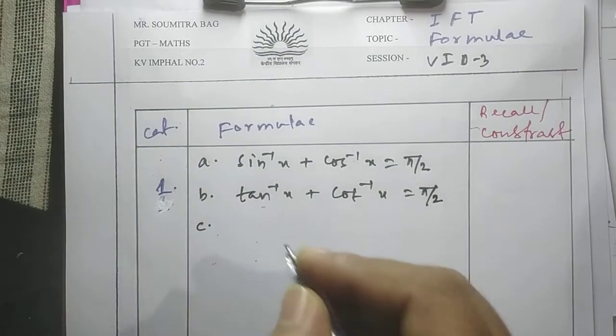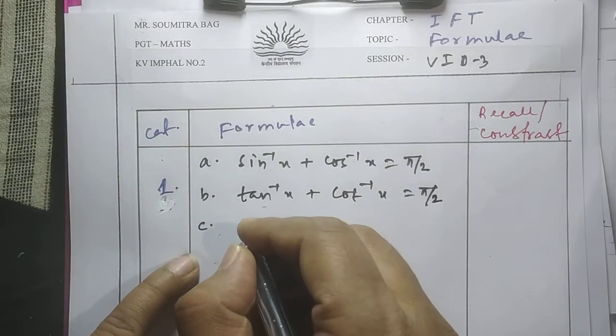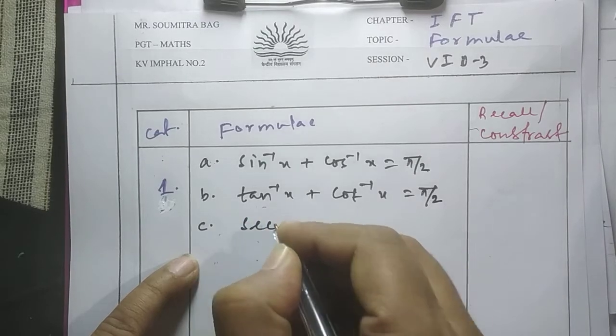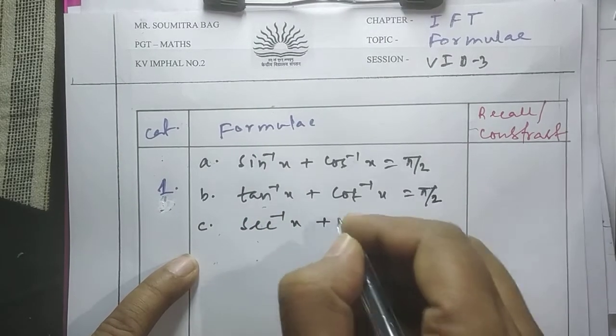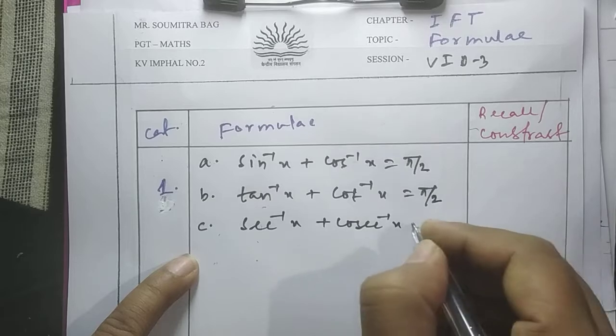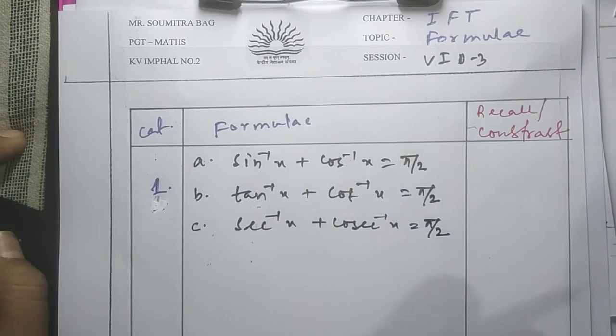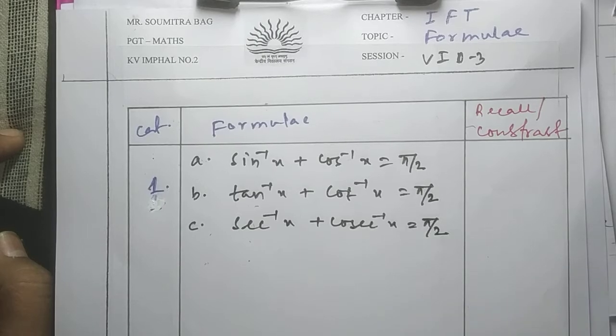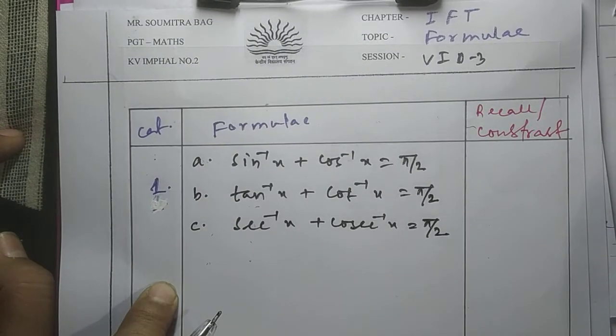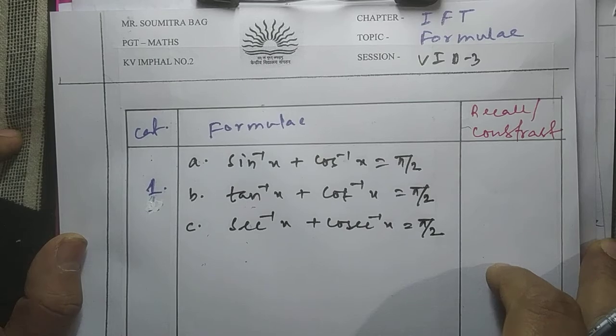And finally, the third formula in this category is sec inverse x plus cosec inverse x equal to similarly pi by 2. Correct? In this way, in total we have three formulae in the first category.